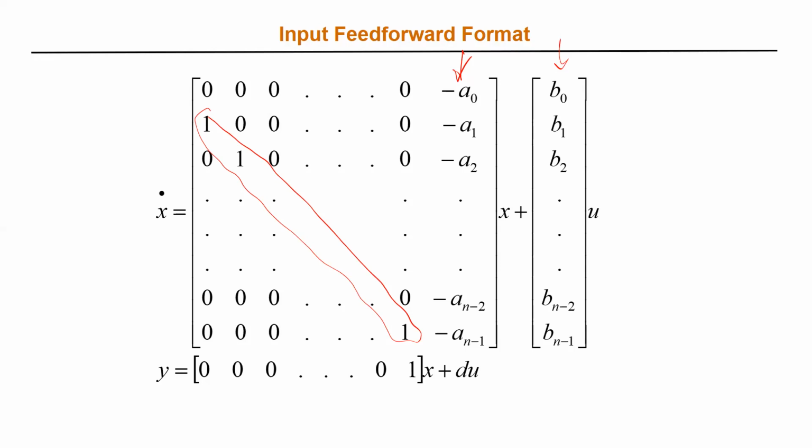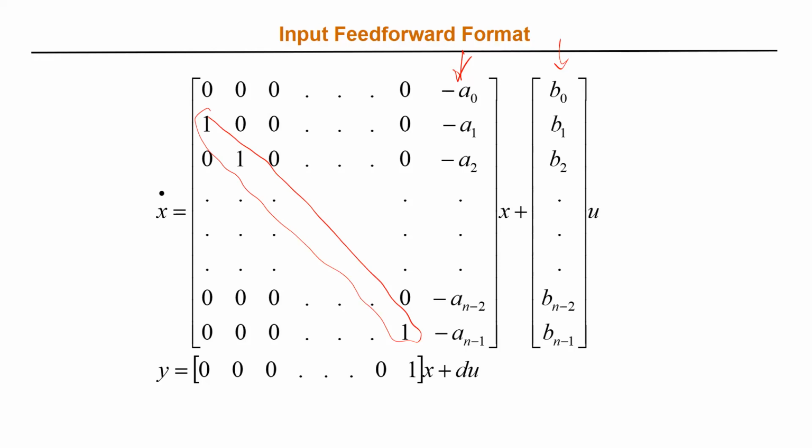Look, what we have said is that even though the representation we took before, which we call the phase variable canonical form, and this one are different, they represent the same system and they are equivalent.